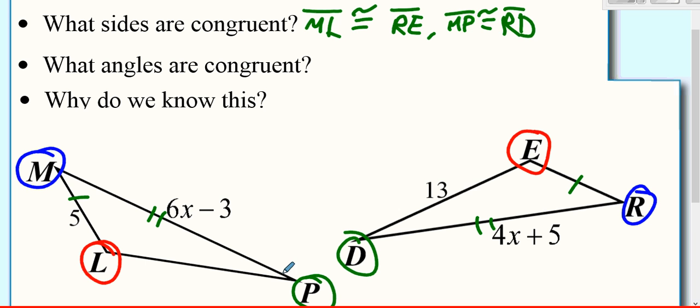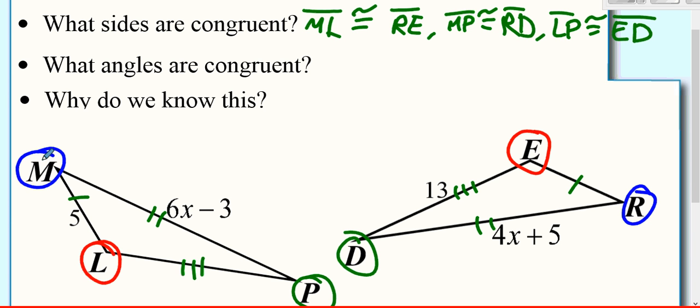And then our last side here, let's go red-green. So red-green was LP. Red to green, we've got to go red to green. ED. And angles is kind of the same thing, but a little bit easier because we can just name them with one letter.